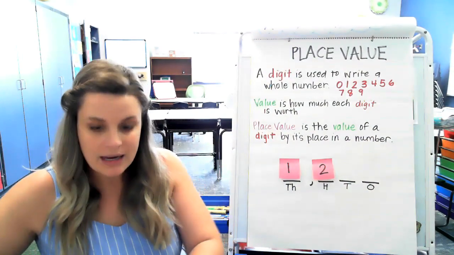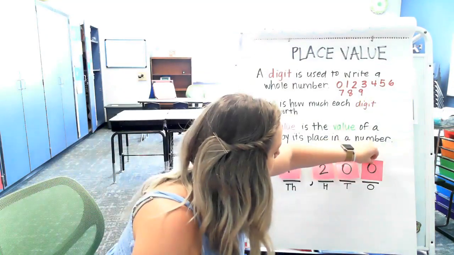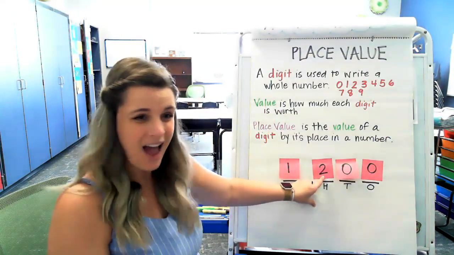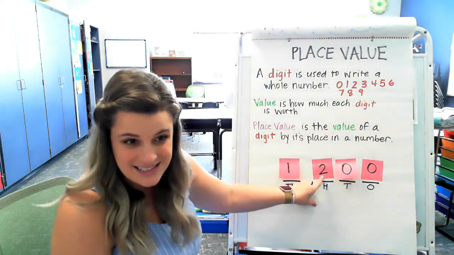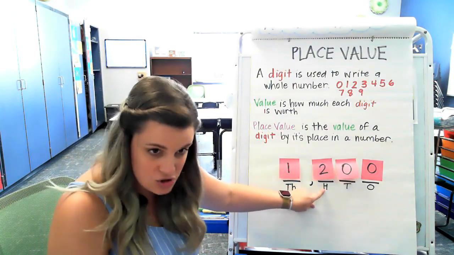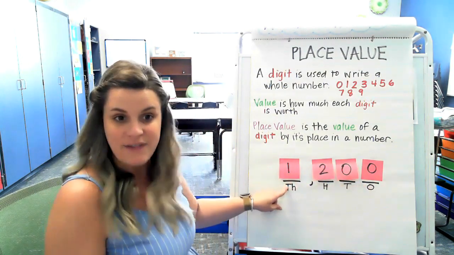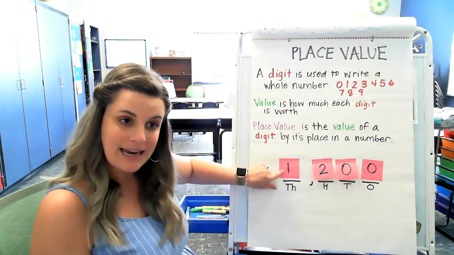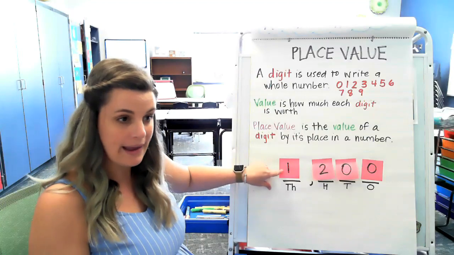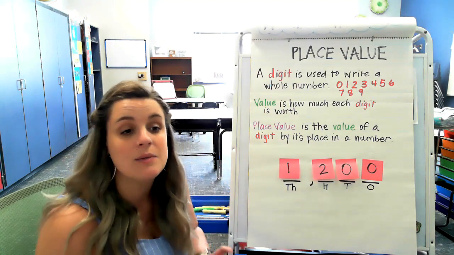And so when we talk about value of digits, this 2 in the hundreds place is not worth 2 ones or 2 tens, it's worth 200. So that means 200. That's its value. Or this 1 in the thousands place, its value is not 1. It's not worth 1. It's actually worth 1,000. And so this is the number you should have gone up to in second grade.